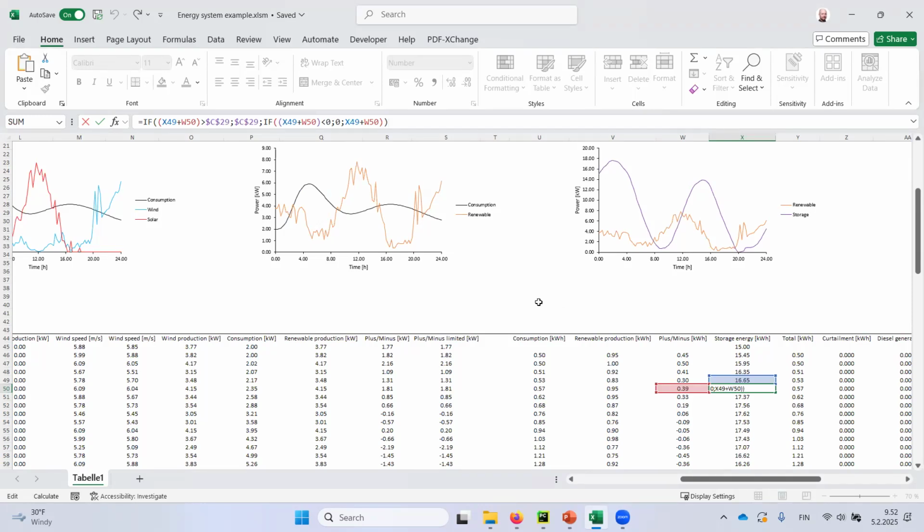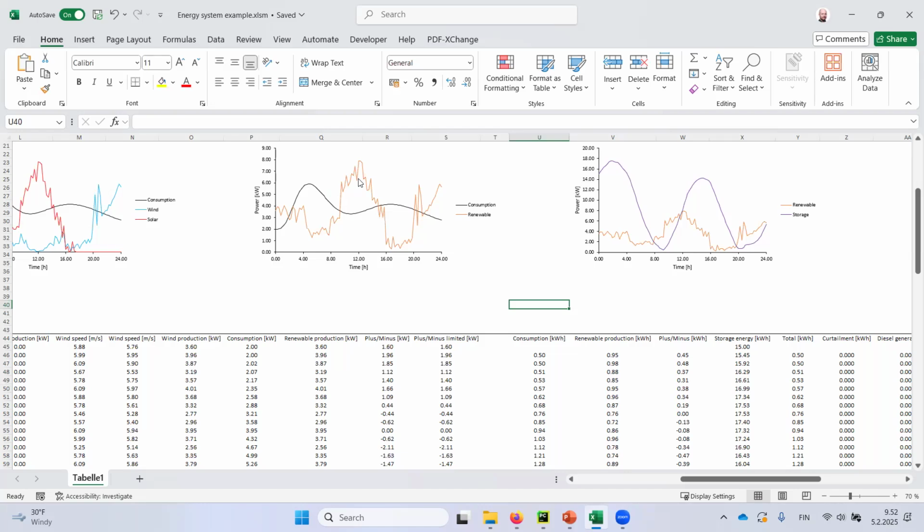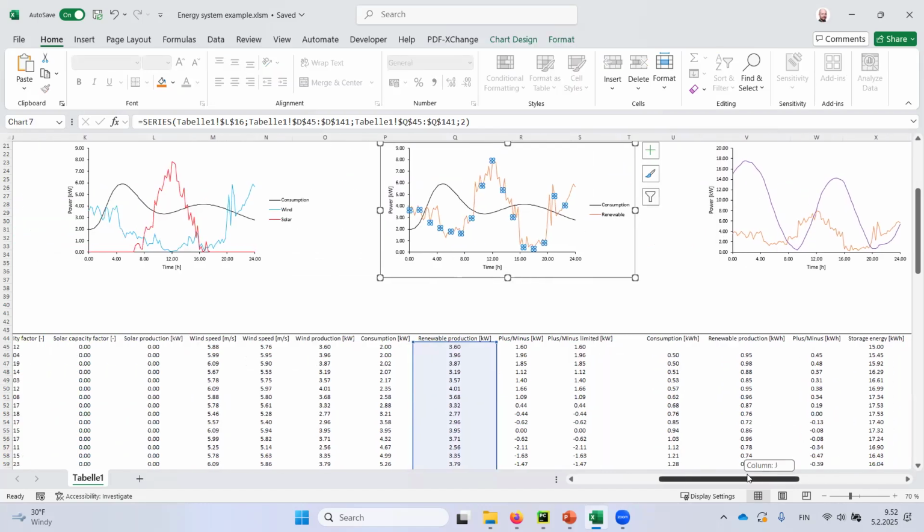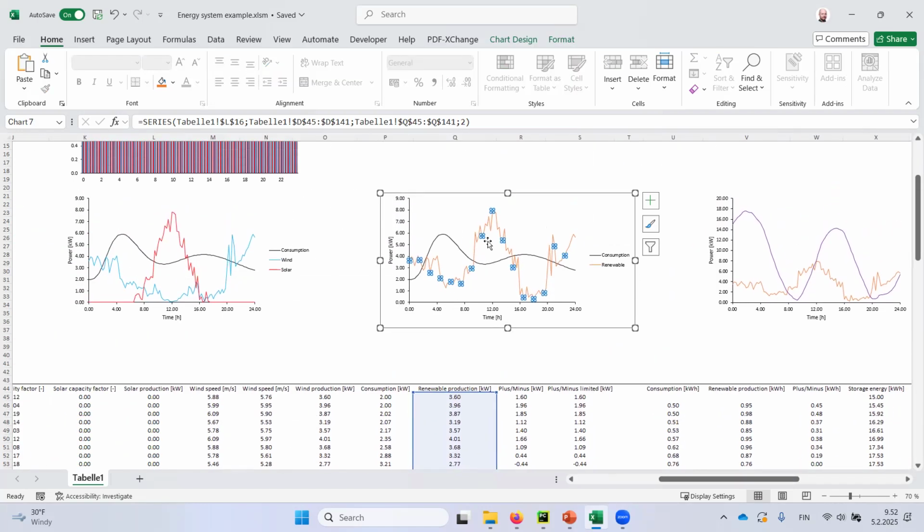In here, there is some dynamic interaction between this energy production, or rather consumption, and battery.